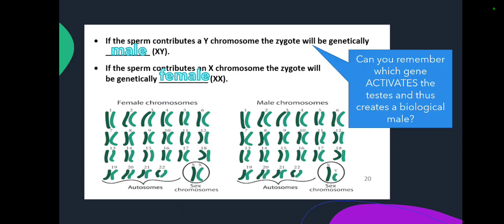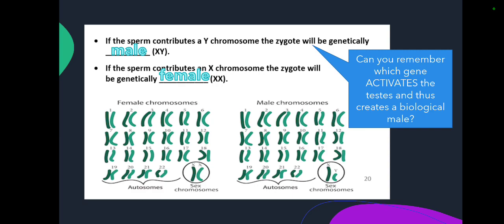Now, there is something else which we've already taught you when I previously went through the biological explanations a long time ago, which is a third genetic structure that activates the testes around 8 weeks into conception, that then creates a biological male.